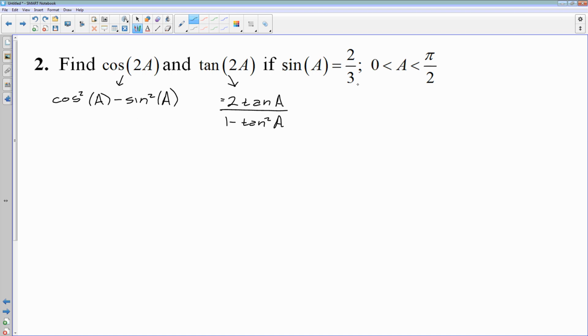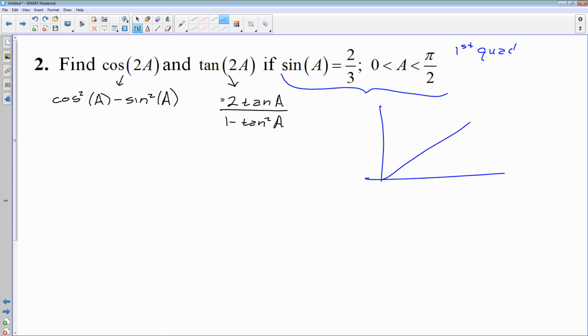So I know sine a, and I've got to use that to get cosine and tangent. And we're going to do that with the triangle. So I'm going to take off this. Notice my angle is in the first quadrant. So I'll draw my first quadrant. My triangle goes into the first quadrant, then back to the x-axis. Here's my angle A, and sine is opposite over hypotenuse.